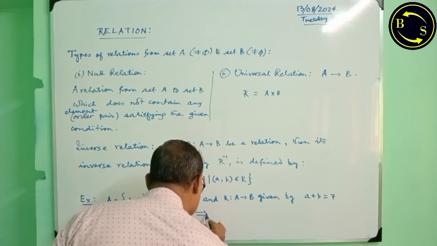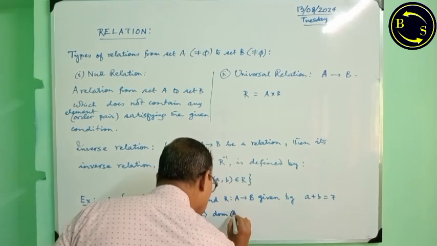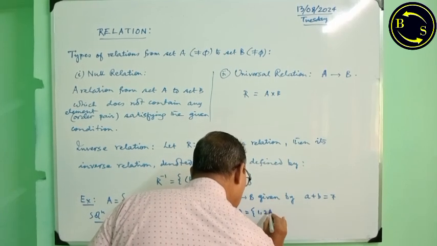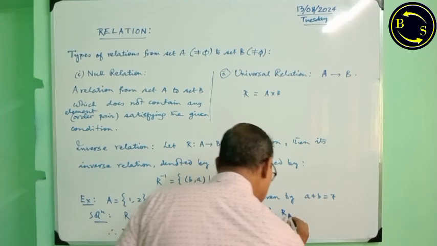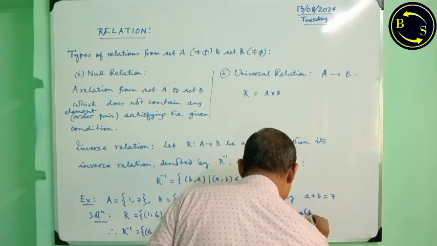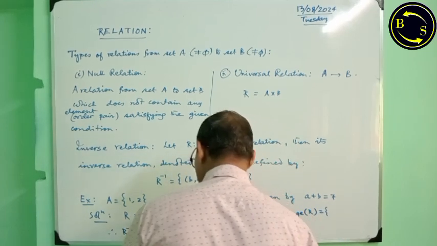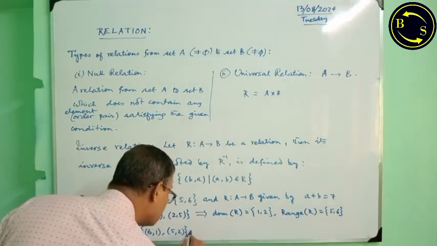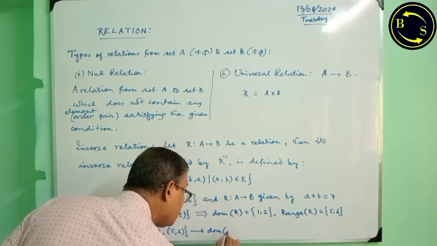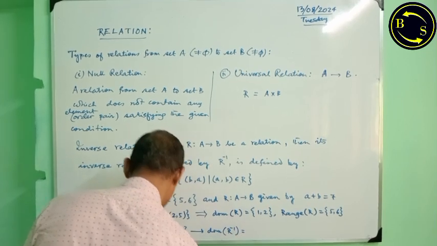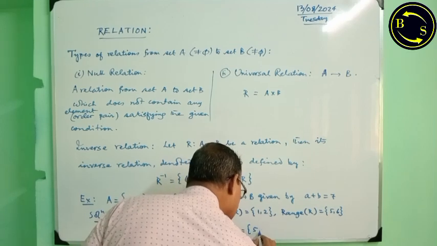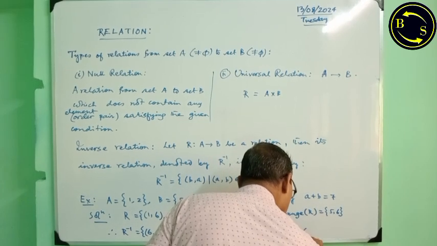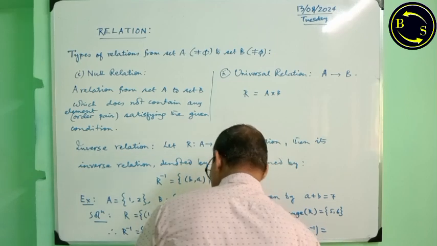Now for this, the domain is the set {1, 2} and the range is the set {5, 6}, and for the inverse, the domain of R inverse is {5, 6} and the range is {1, 2}.